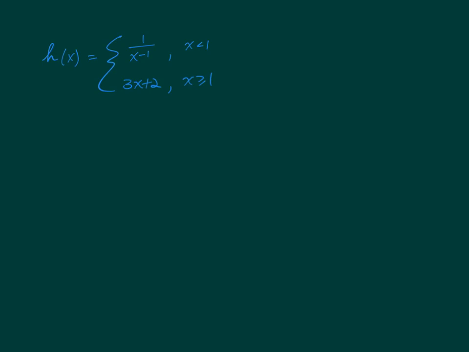If you look here, there's a possible discontinuity at x equals 1. And we get the same thing here, a possible discontinuity at x equals 1. So let's use the definition of continuity to see if that is the case.